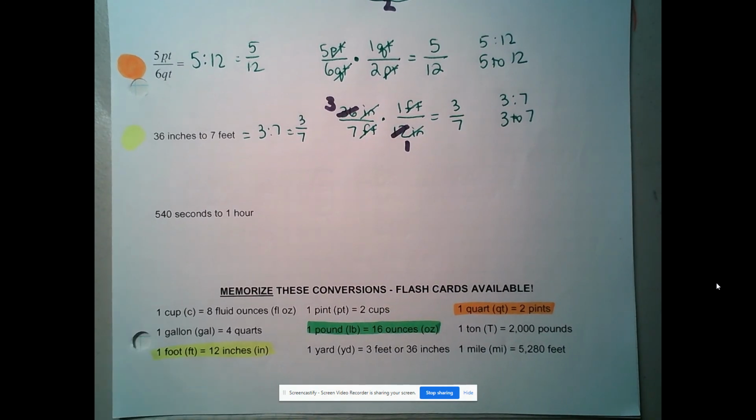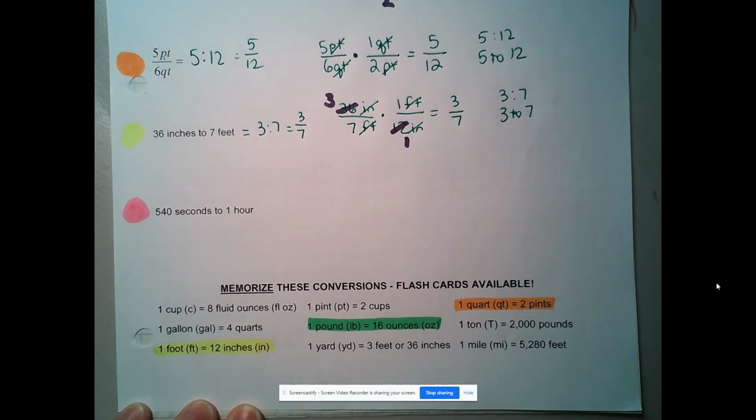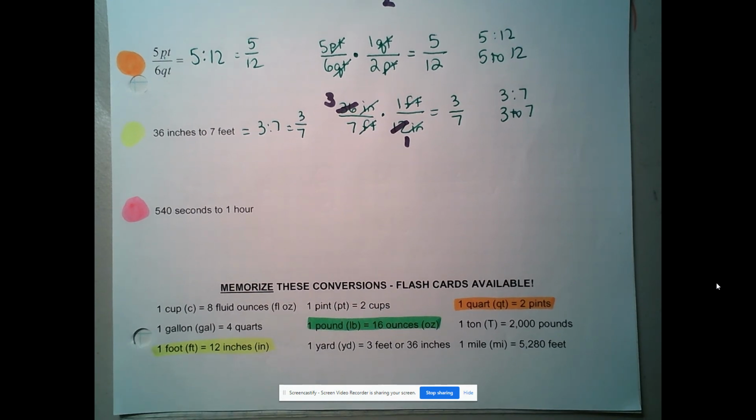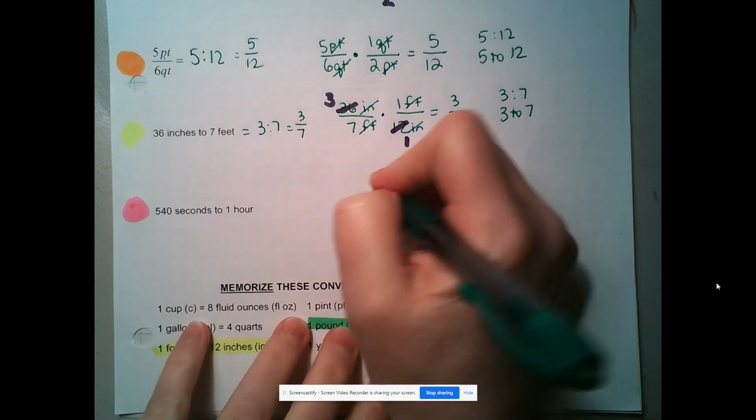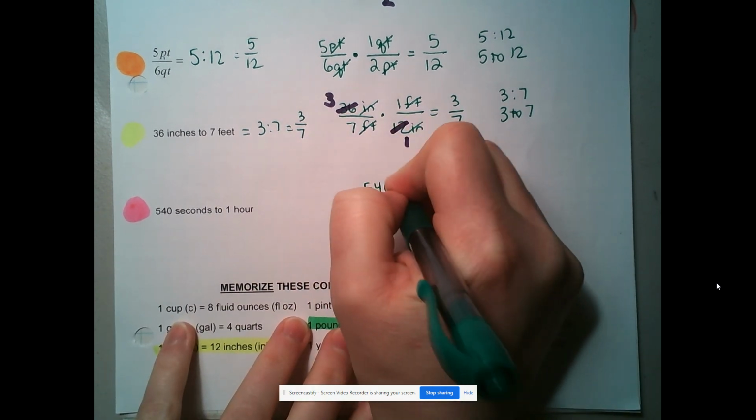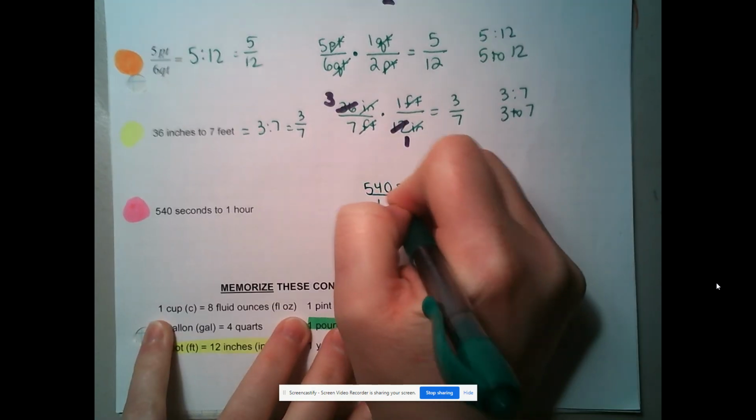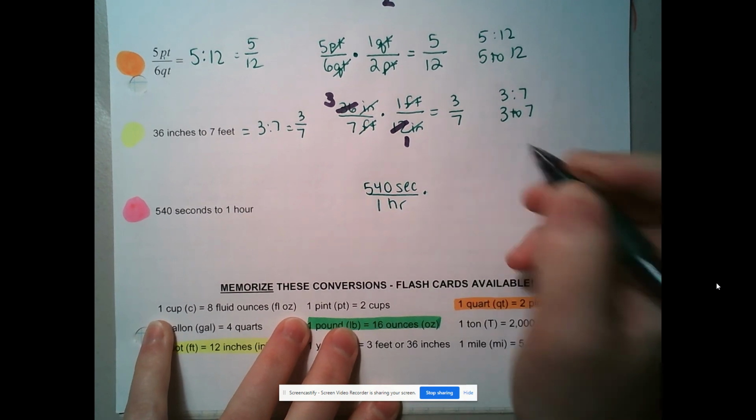All right, last one. We've got 540 seconds compared to 1 hour. So we want to look through all of our conversion choices. Oh, geez, I don't see this one. Seconds and hours. I don't know how many seconds are in an hour, but I do know some other conversion factors. So I'm going to write 540 seconds to 1 hour. I do know that there's 60 seconds in a minute.